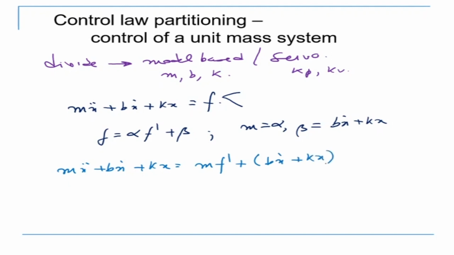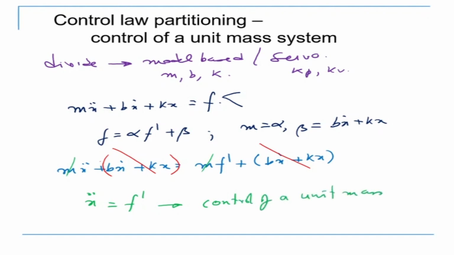So from here, if you look, this will cancel with this, and this will cancel with this. So what do we get? X double dot is equal to f dashed. Okay. This is called the control law partitioning. This is also called the control of a unit mass system. So it is like there is a unit mass there. So we have reduced this to this.